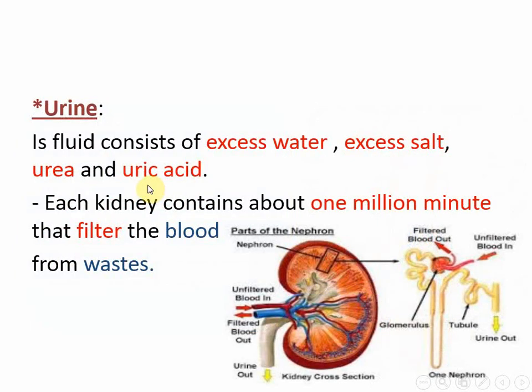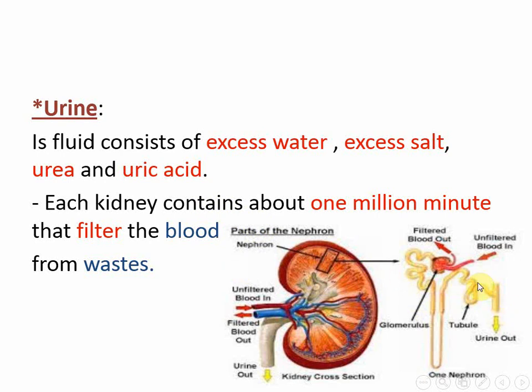Now that we have talked about all the components of the system, we will talk about urine. Urine is a fluid or liquid that consists of excess water, excess salt, urea and uric acid. They are the 4 components of the urine. Each kidney contains about 1 million nephrons that filter the blood from waste.